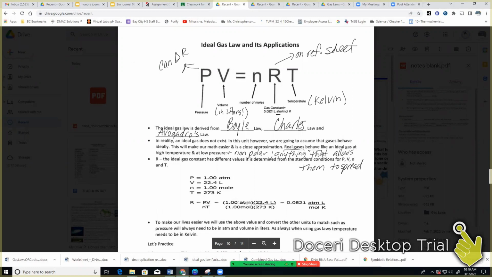R is the ideal gas constant, and it has different values. And our temperature still has to be in Kelvin also, like we've talked about before. Right here, these numbers are just showing how the ideal gas constant is derived. Like I said, this is the most common one, your 0.0821.